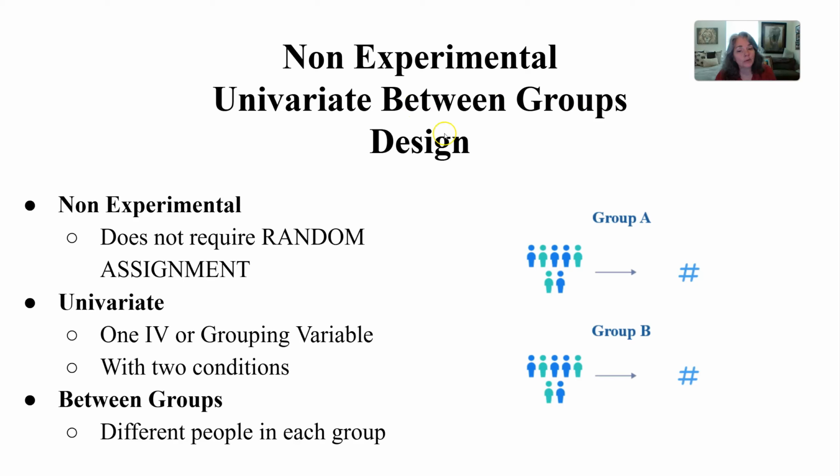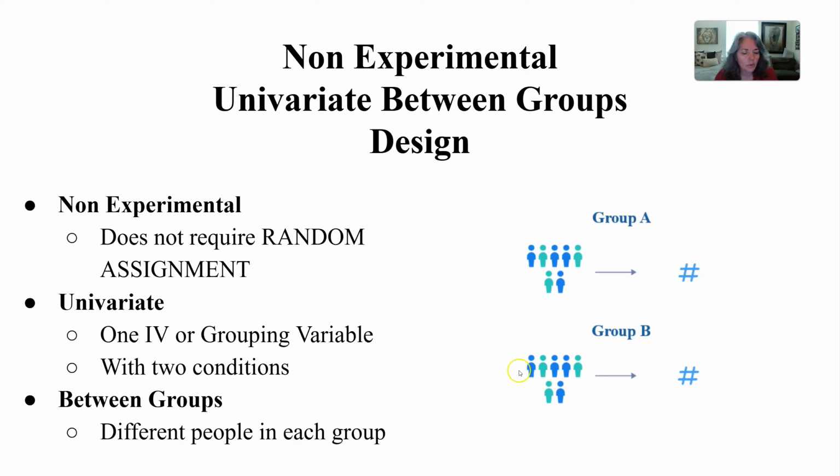And it will be a between groups design because these people will be different than these people. So if this is Susie, Sally, Sam, Scott, Samantha, Shelby, and Smith, then the people in group B are going to be Katie, Carrie, Carlos, Carlitos, Cassandra, Kalea, and Carl.